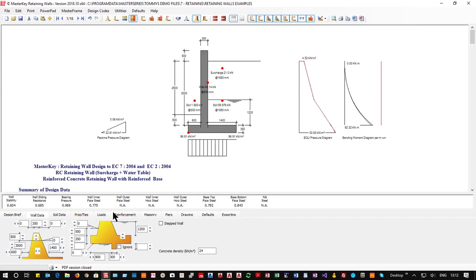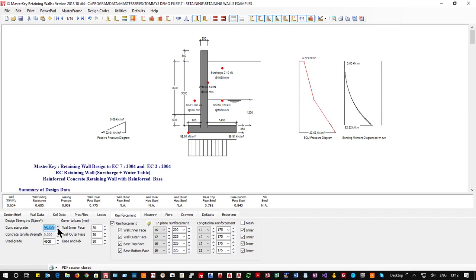So now we're looking at the reinforcement, and I'm going to go for C2835, and I'm going to go for 500B reinforcement, and in fact I would prefer to see 50 cover on both faces.